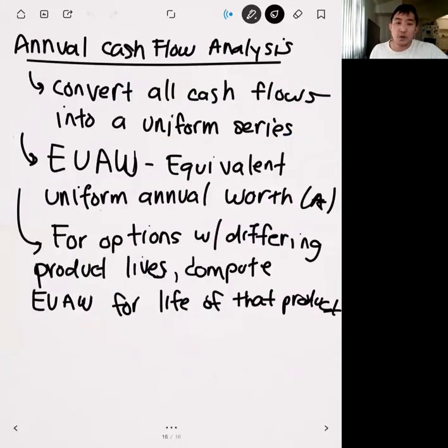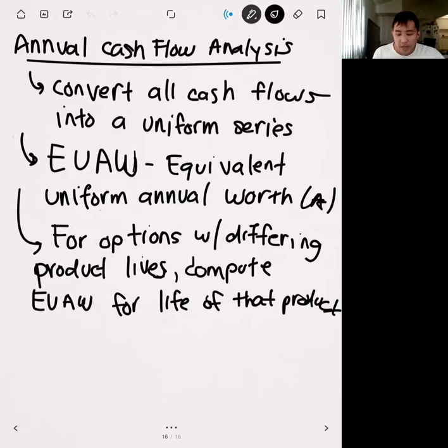The EUAW that you compute for a product for just its useful life will be the correct EUAW. If you go back in our lecture notes, we computed the EUAW for a case where we had a cash flow diagram with the replacement. What you'll see from that example is that it didn't matter if we included the replacement or if we just had one product life. We get the exact same answer.